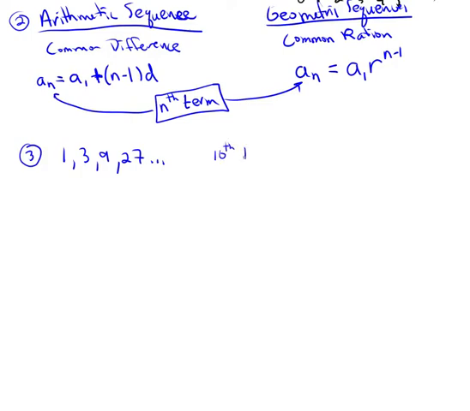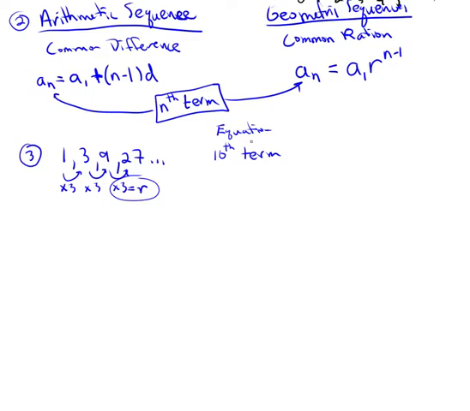So there are 2 things we have to solve for: the equation that we're going to be writing and the 10th term. So we'll start with the equation first, and I noticed that this is a geometric sequence right off the bat, so I don't have to divide each term by the previous one. So it's times 3, times 3, times 3, and that will be our common ratio of 3.